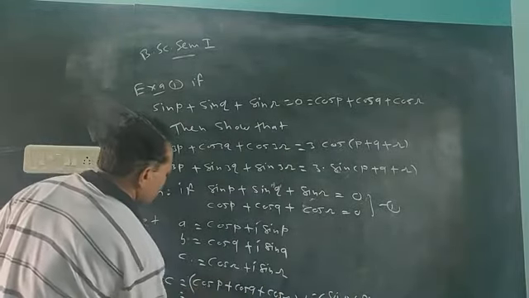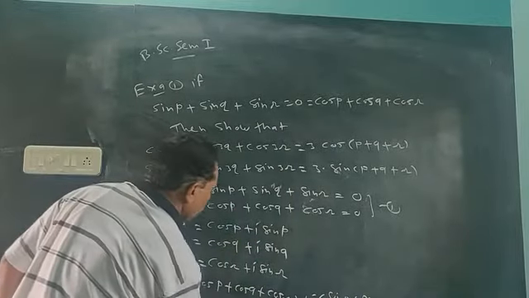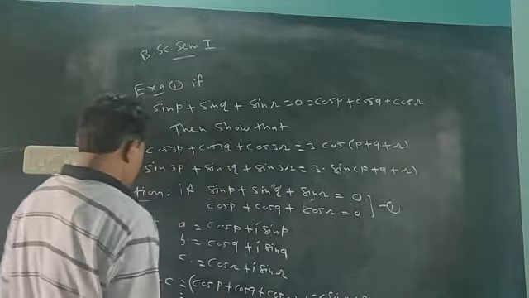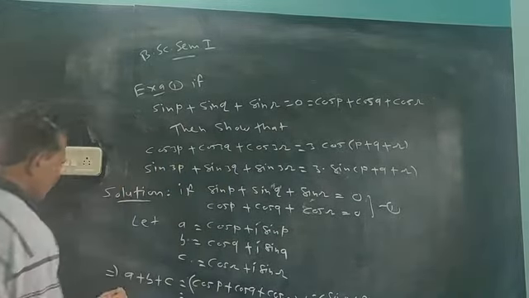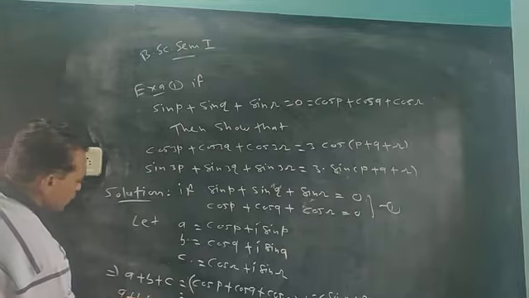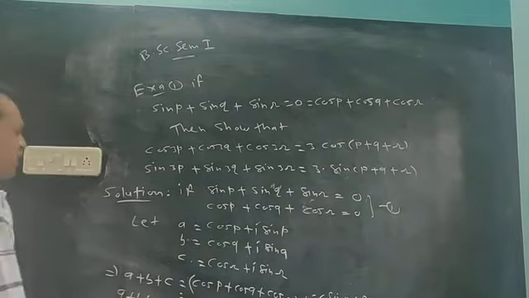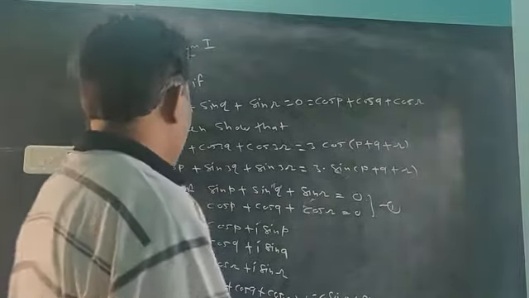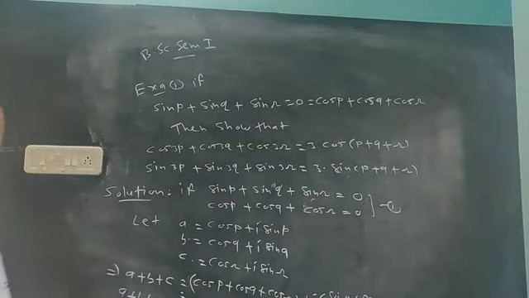This is 0 given to you, and this is also 0 given to you. The total is 0. So a plus b plus c is 0.